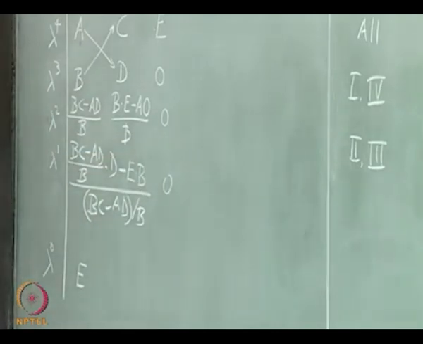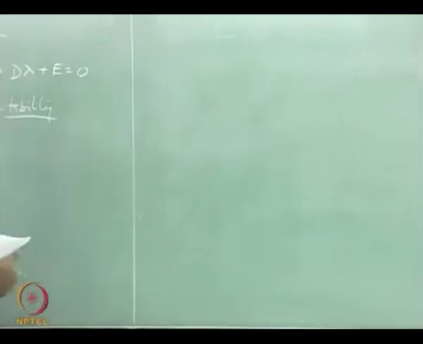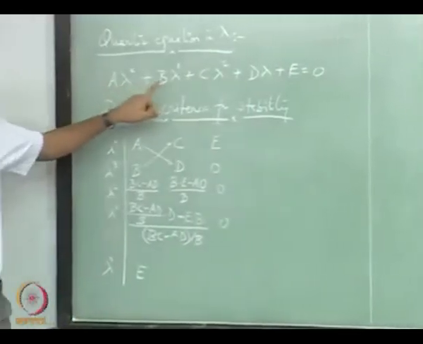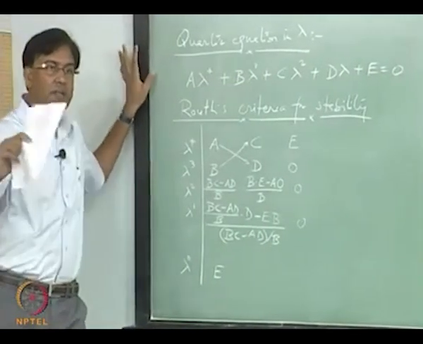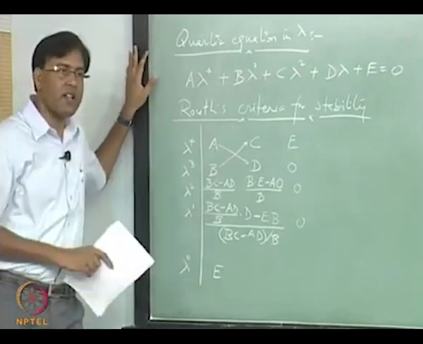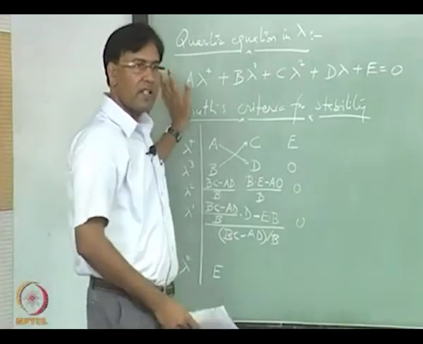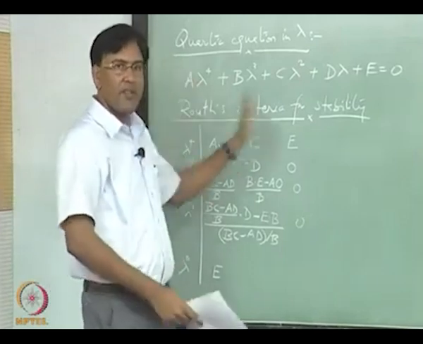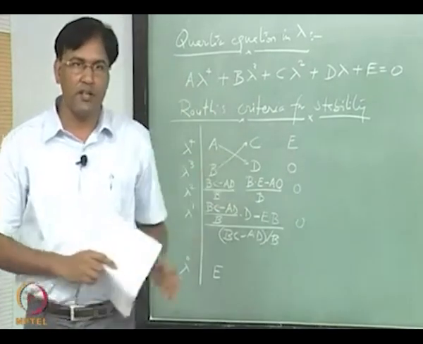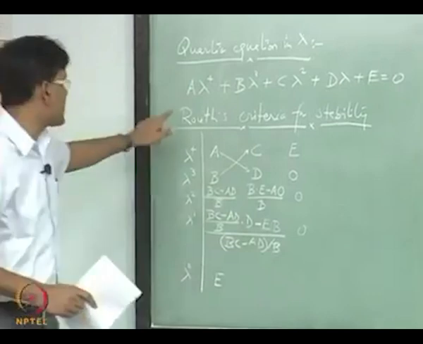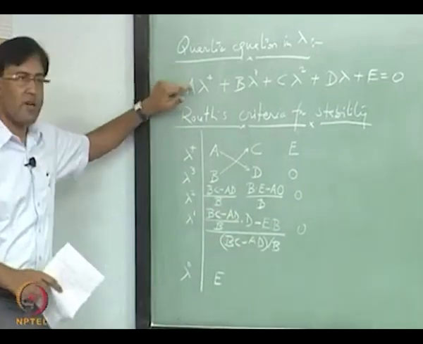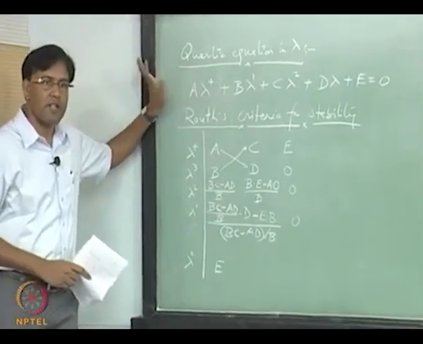Now, criteria for stability is, first condition is that all of these coefficients must be positive or having the same sign. If it is negative, then you can take it to the right side and all of them will become positive, right. So, coefficients of these powers of lambdas must be positive.